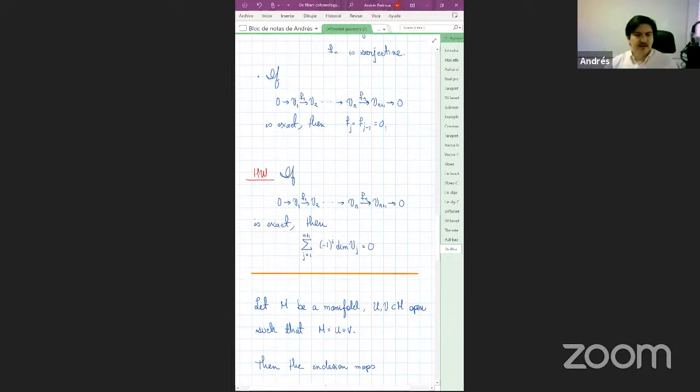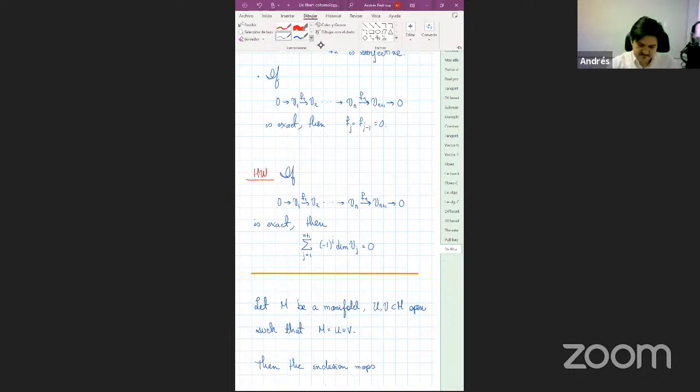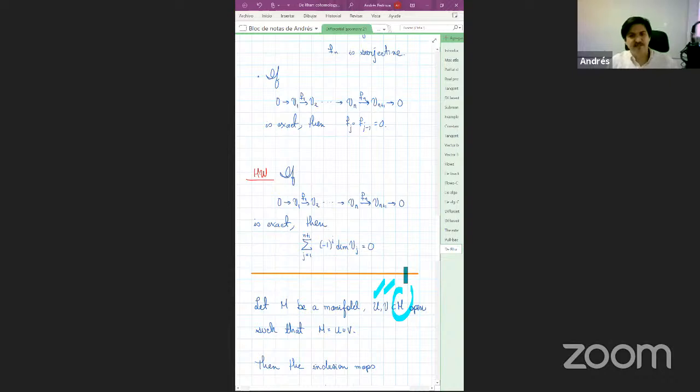So now we have the following manifolds. I have M, we have U, we have V, and also there is another manifold that will be useful here, which is the intersection of U and V. That's an open set in M, hence a manifold.